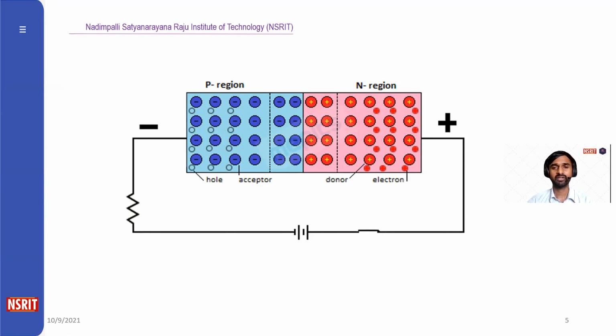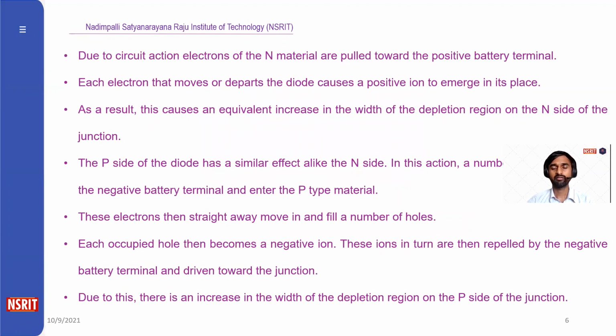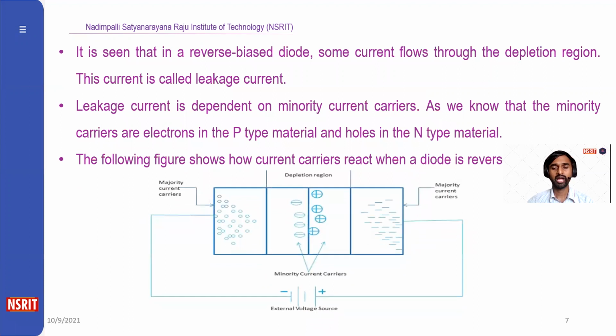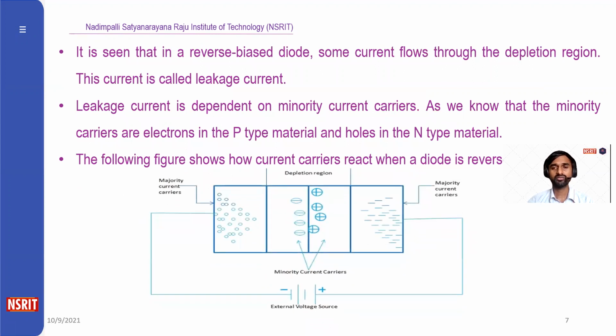But if you observe carefully, even in reverse bias condition, we do have a very small amount of current called leakage current. So where does this current come from? This current comes from the flow of minority charge carriers. If you consider a p-type material, the minority charge carriers will be electrons, whereas the minority charge carriers in n-type material will be holes.